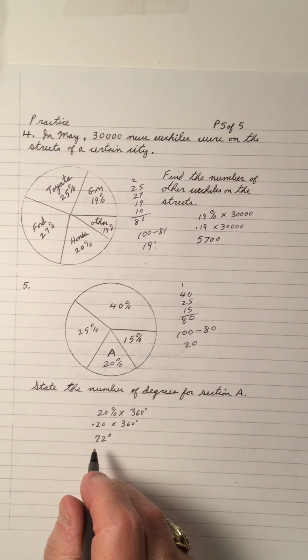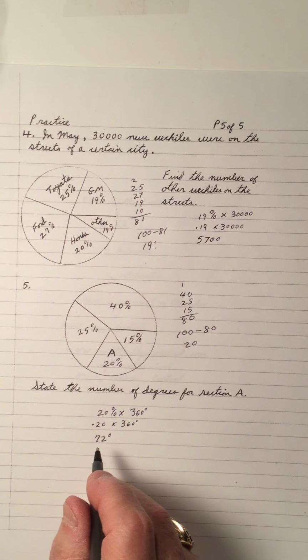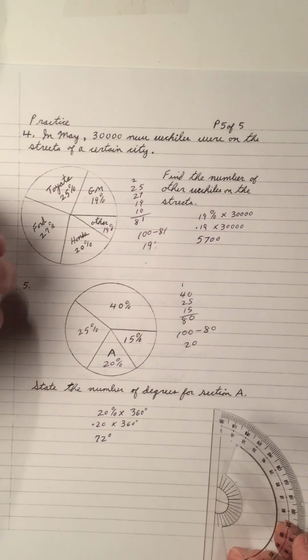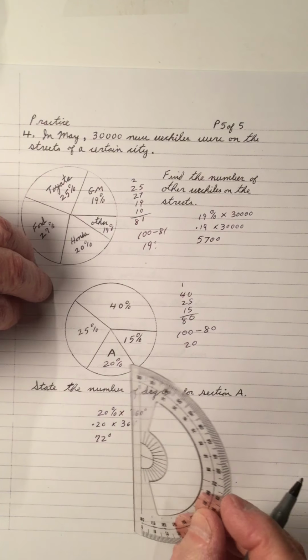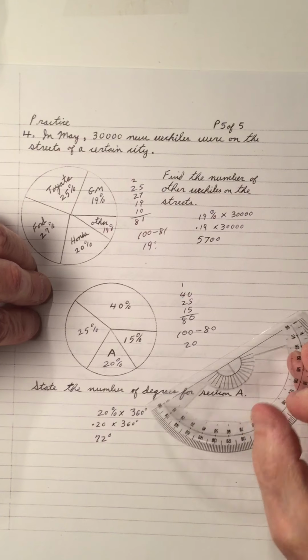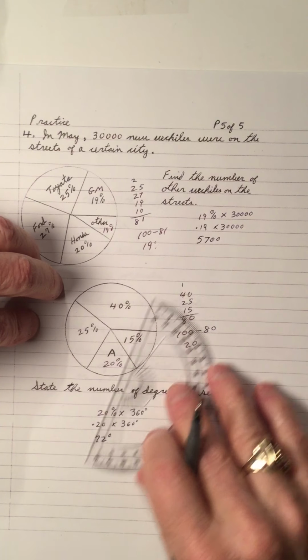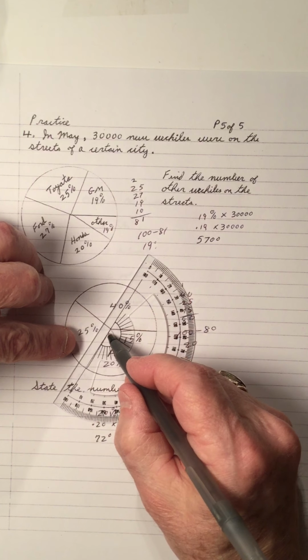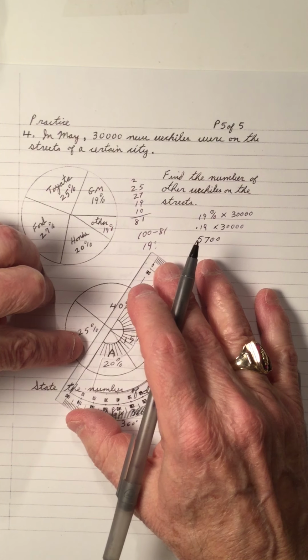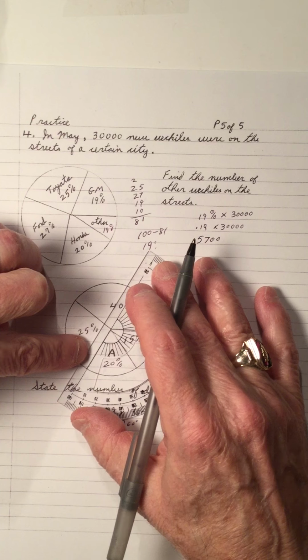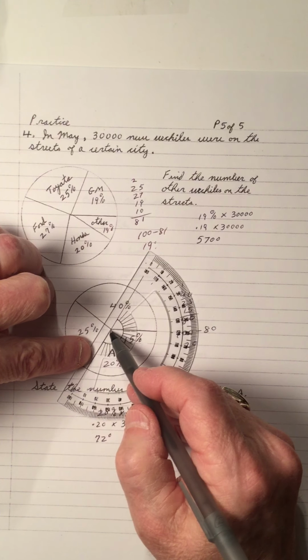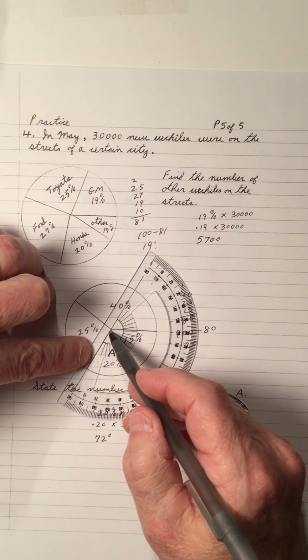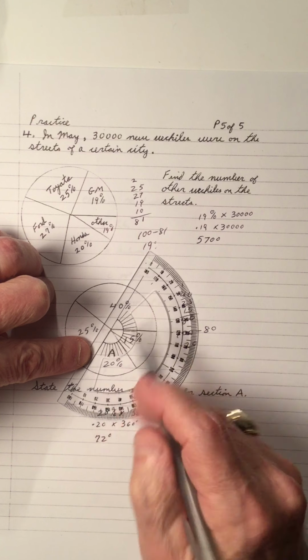And just to illustrate that, I have a protractor here, and let's measure section A. So we take our protractor, and we have to lay the center of the protractor right on the vertex of the angle. And the angle has to be along this line right here.